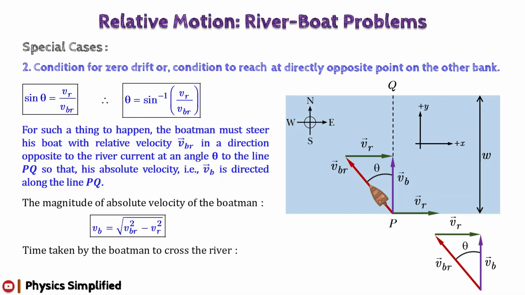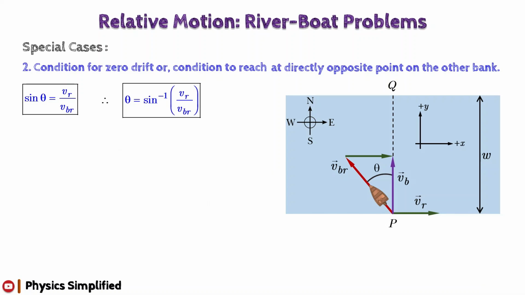Since the absolute velocity of the boatman is now directed along the line PQ, therefore, the time is equal to width of the river divided by magnitude of the absolute velocity of the boatman. Substituting the necessary expression, we find the final expression of the time as t is equal to w divided by under square root v_br squared minus v_r squared.